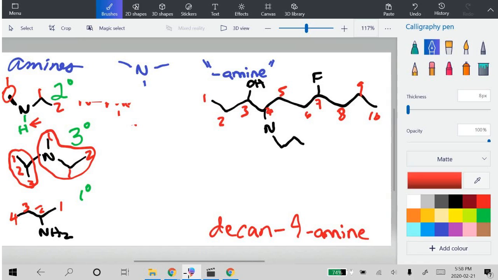Then before my carbon backbone name, I want to talk about all of the substituents on that backbone, and I want to start the name with all of the substituents off of the nitrogen. So I like to do that first to get it out of the way. 1, 2, 3 is an N-propyl.